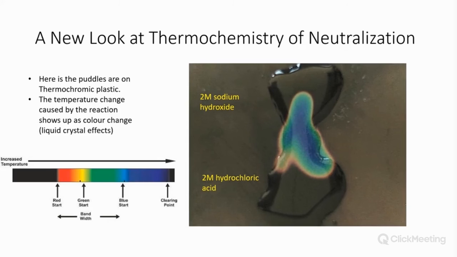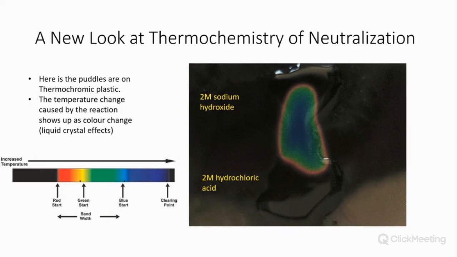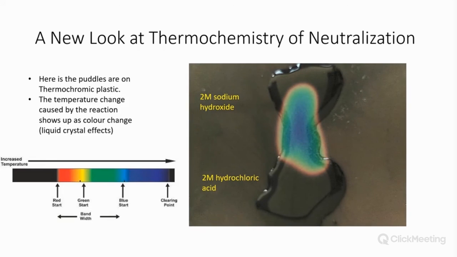On the top is sodium hydroxide, and you always find that the hydrochloric acid shoots into the alkali in that direction rather than the other way round. It has to do with the ion mobility of the H plus ion, and so you get the thermochromic reaction. This is caused by liquid crystals within the plastic that's at the back.